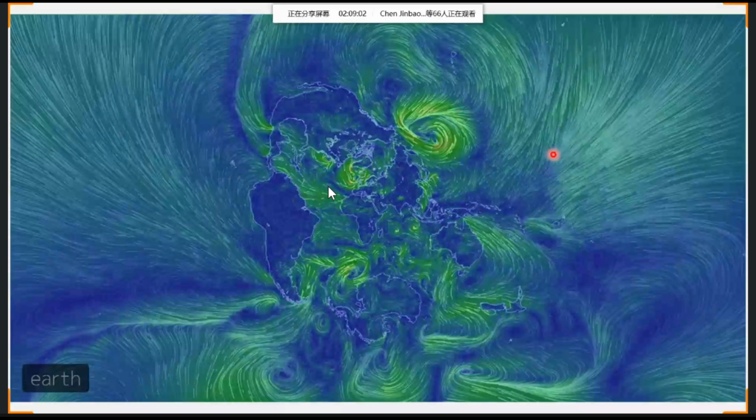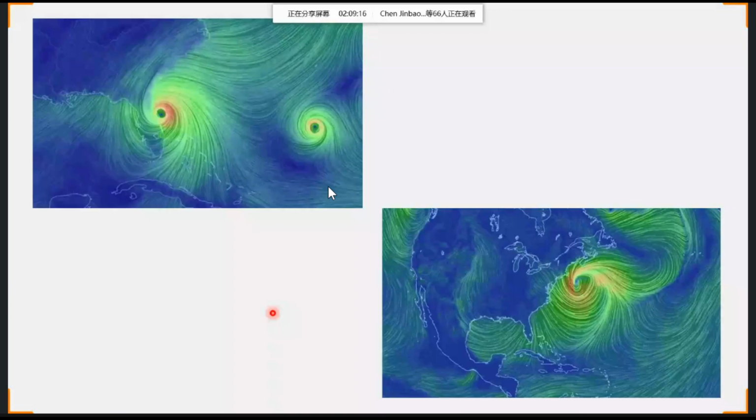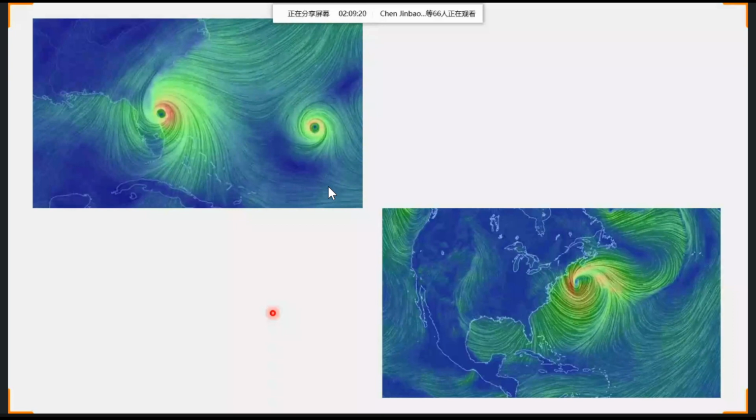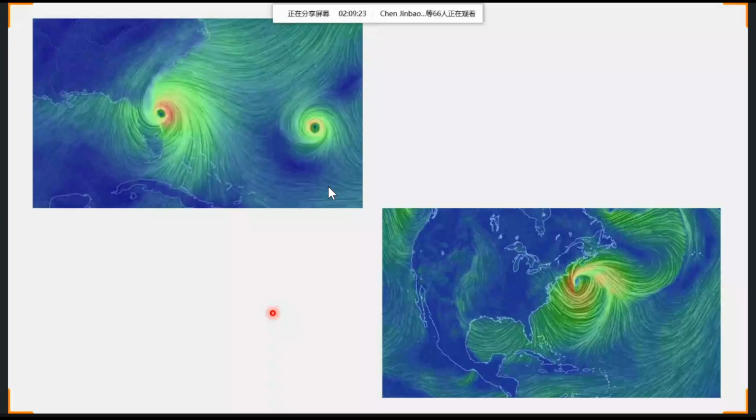You have an animated map. You have also color coding here for additional information. And the idea of this method is quite old.